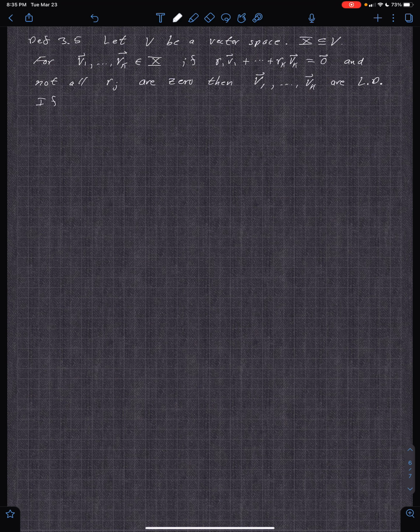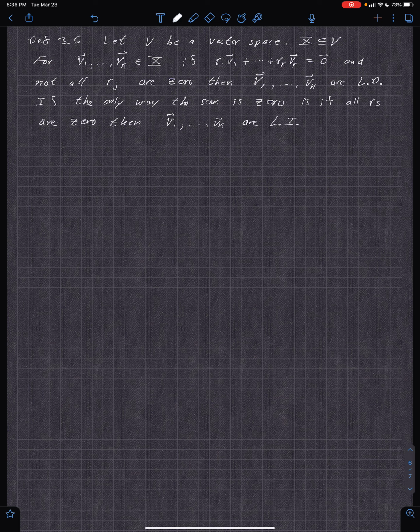So if the only way the sum is 0 is if all r's are 0, then the vectors v1 to v sub k are linearly independent.